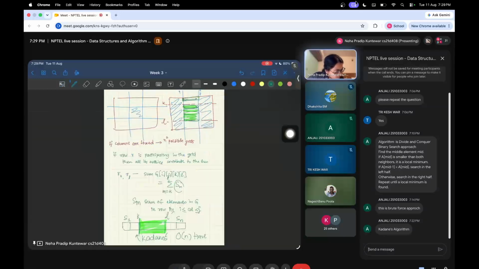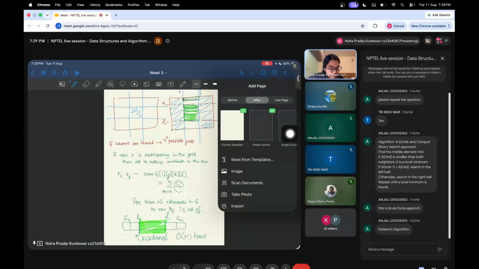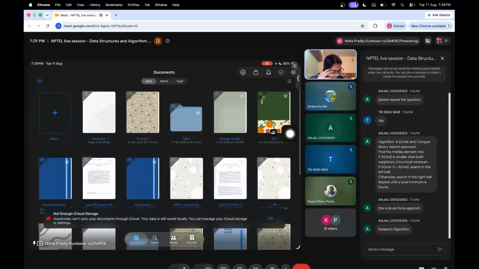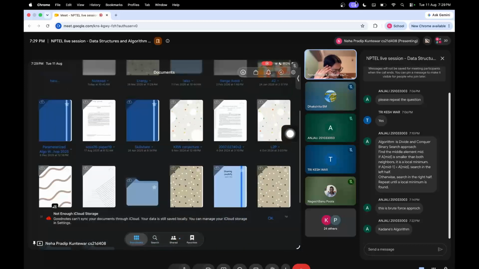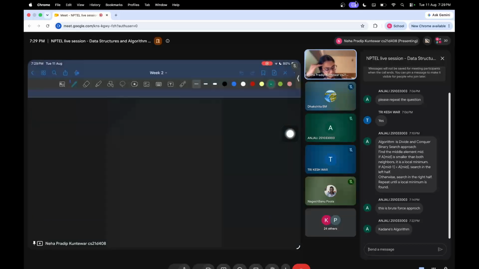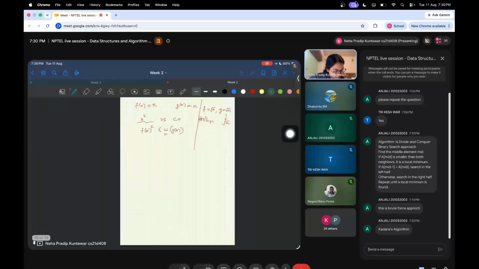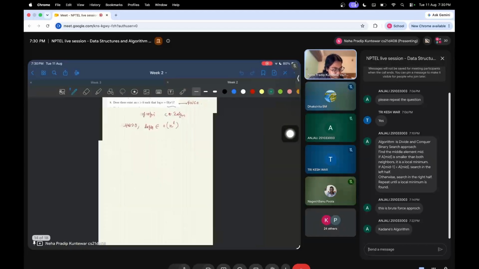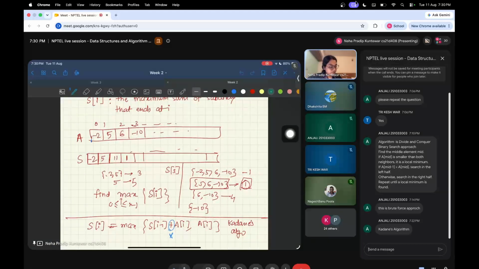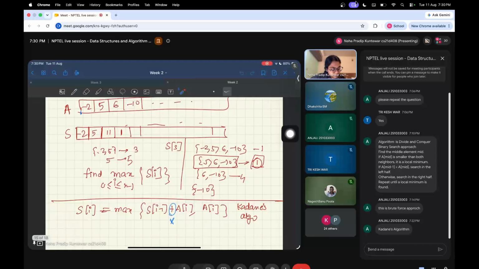Yeah, sure. Yeah, so the idea was, maybe I can just go back to the algorithm that we said, that S of I stores the maximum sum of subarray ending at that point.